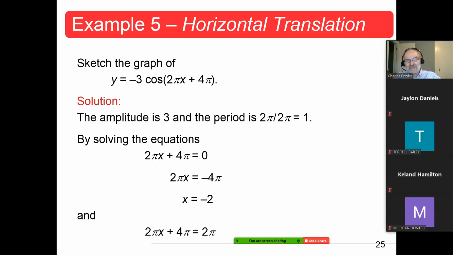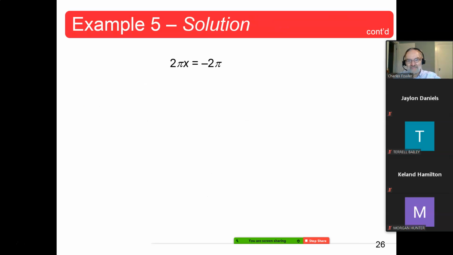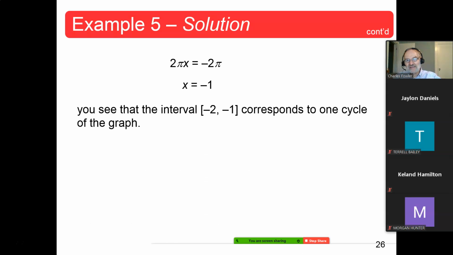The right-hand endpoint would be 2 pi x plus 4 pi equal 2 pi, which normally is the period for a normal cosine. And then you have to solve that. You subtract 4 pi on like that, and that gives you x equal -1. So now your interval is -2 to -1. That corresponds to 1 cycle of the graph. Split that into 4 pieces, and you have a quarter.